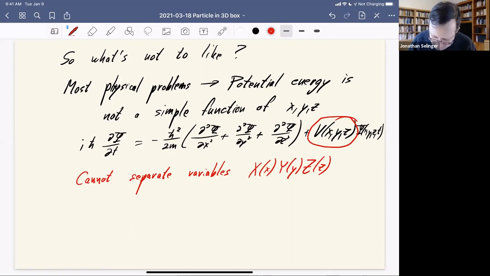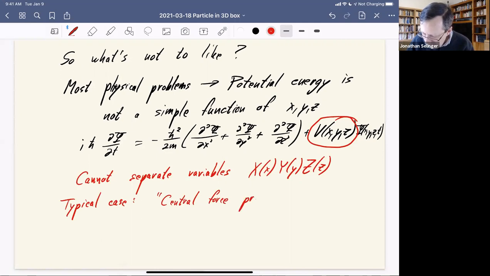In a typical example, we have what's called a central force problem. That is, V depends on the distance from the center.